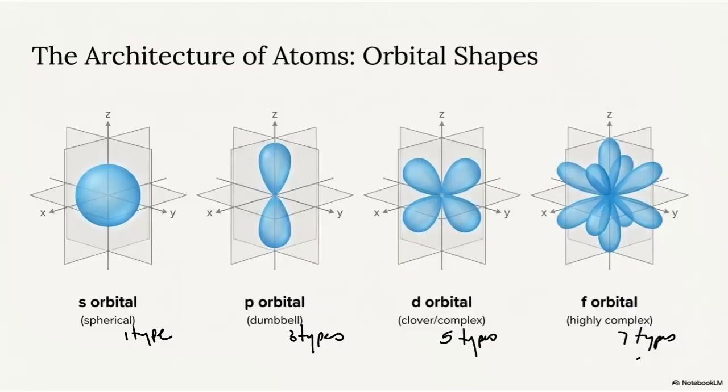And the F, you can do it in 7 different directions. We are not going to investigate how those locations look. That's much higher level chemistry. Just know that for the S, there's only 1. For the P, there's 3. For the D, there's 5. For the F, it's 7. That's going to become handy very soon.